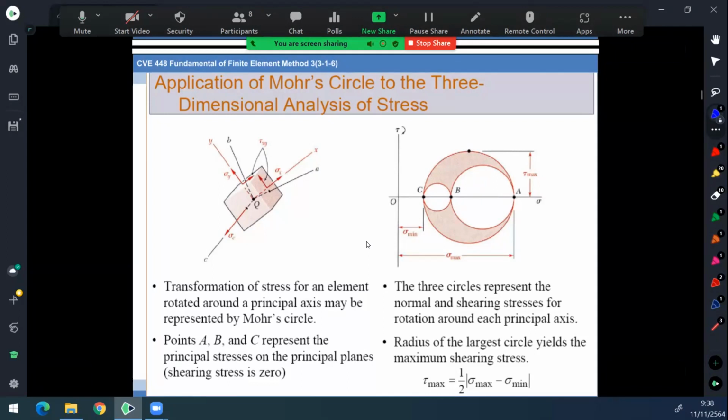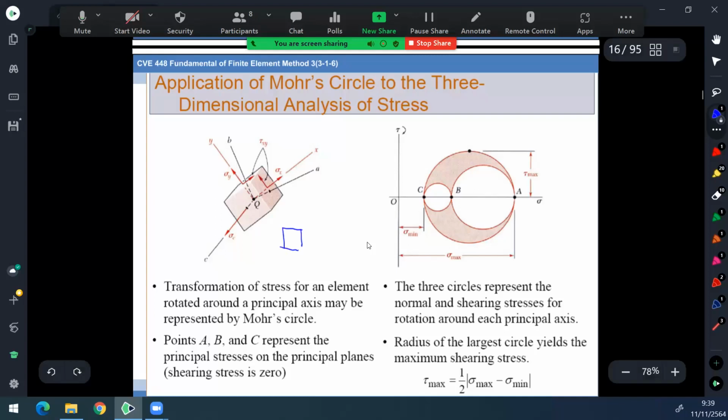Okay, so for the case of three-dimensional, you will see that it's composed of three directions, and if we focus on the plane for each plane, for example, if I have the component like this, we may have just only sigma x, okay, this is sigma x, this is sigma y, and this is sigma xy, and also we have sigma dc.